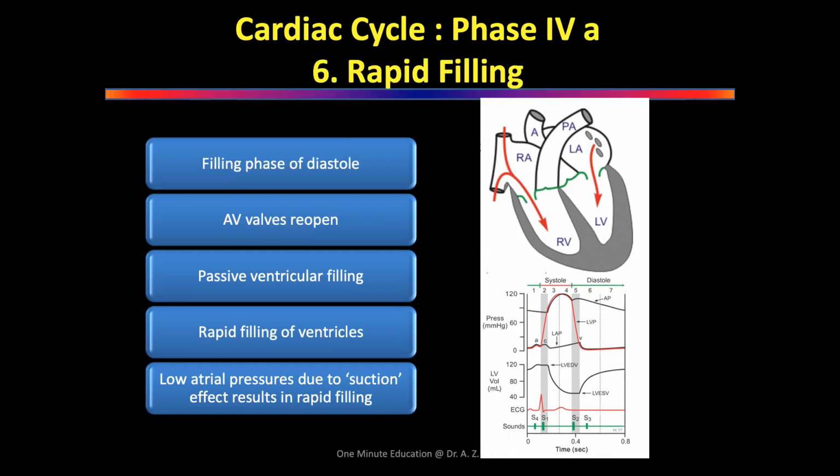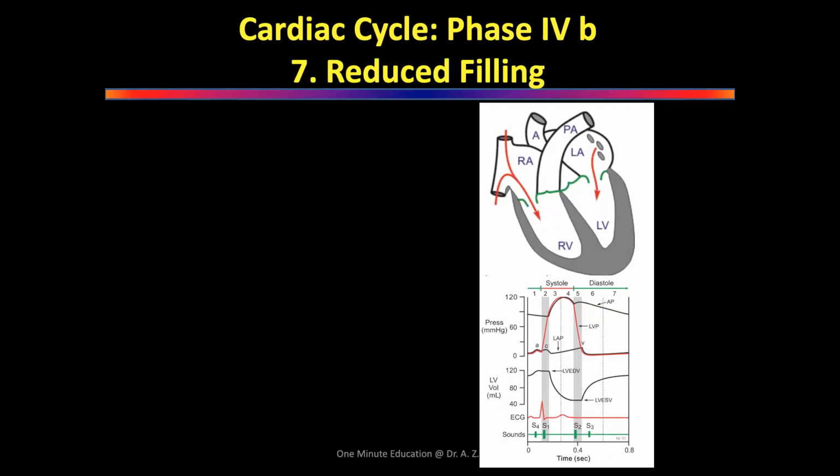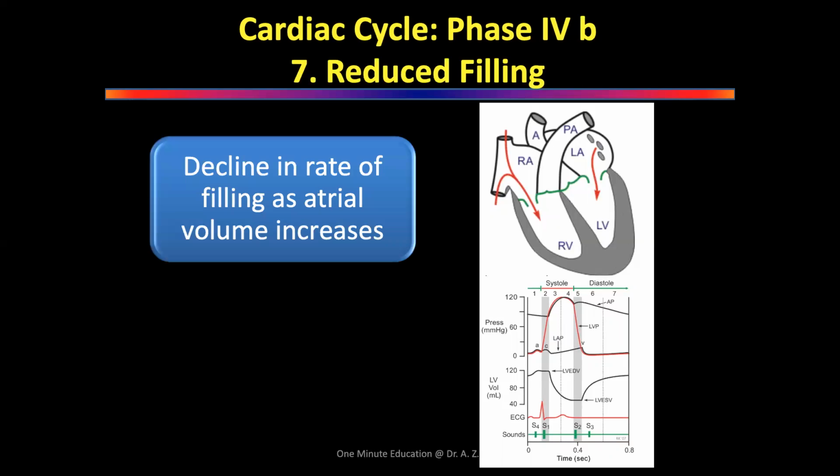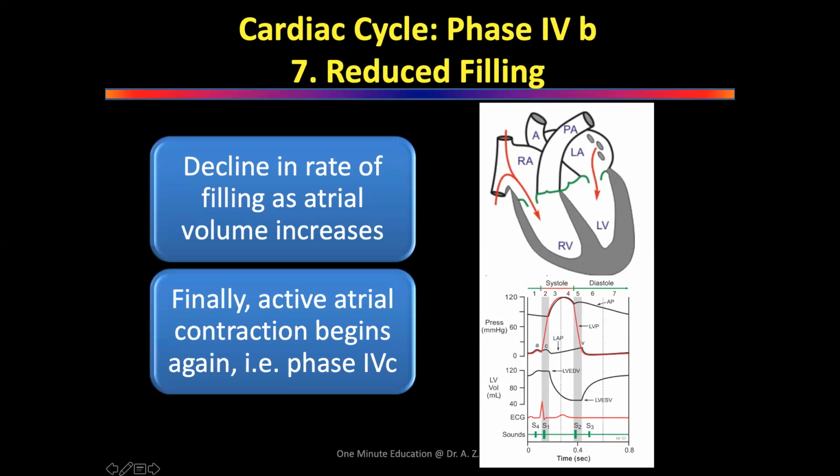Because the atrial pressure is less, there is a suction into the ventricle, and that causes the rapid filling. Reduced filling is when the ventricular pressure starts to increase toward the atrial pressure, and the passive flow from the atrium to the ventricle comes down. Excellent.